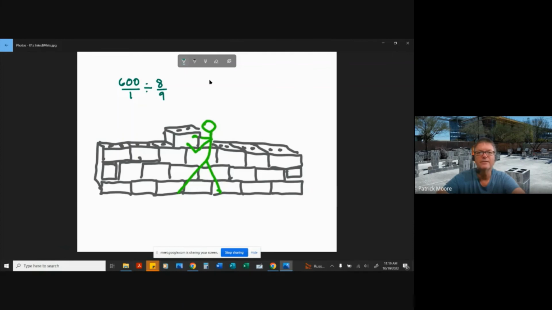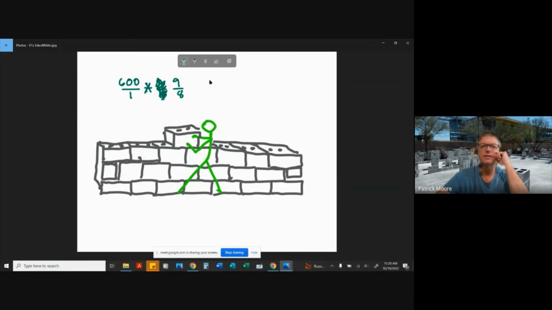Let's see, you flip something, right? Which one do you flip? So you flip this one, so it's going to be 9/8. So flipping kind of reverses, and so then we have to also do a double reverse to make it balance again. So we change dividing into multiplying. So instead of dividing by 8/9, we're multiplying by 9/8. That's how division by fractions works.